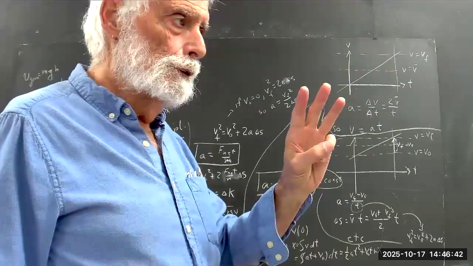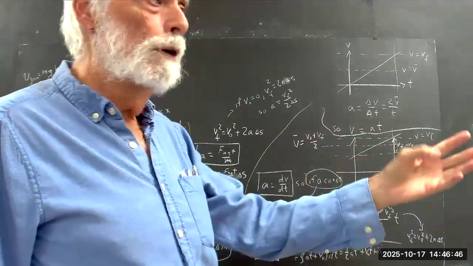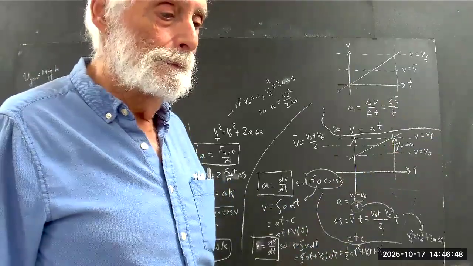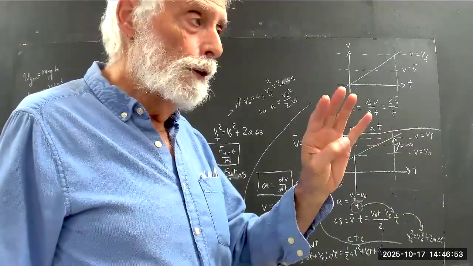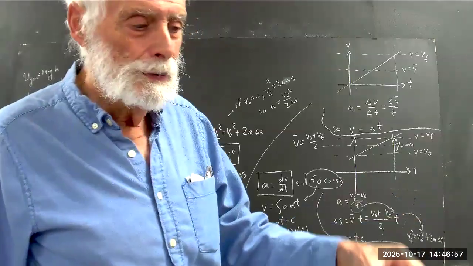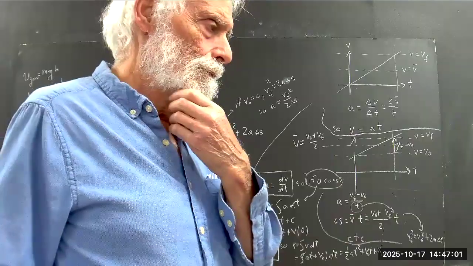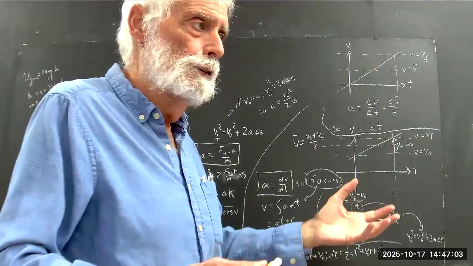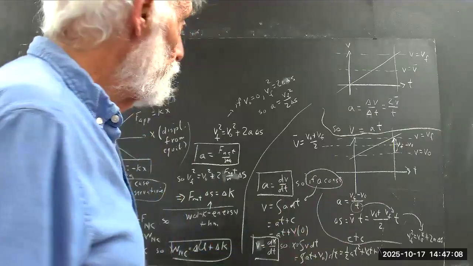If you know any three of the five, you can find an equation with those three and solve for the fourth, because there are four variables in each equation. Once you've solved for the fourth, you can plug them into any equation that contains the parameter you haven't found, and you have a complete solution. You have all five parameters. You've completely defined the motion.